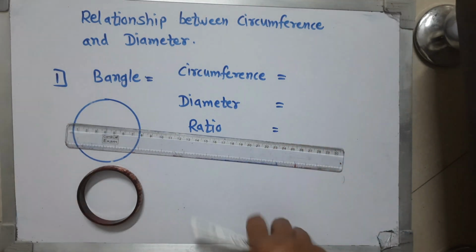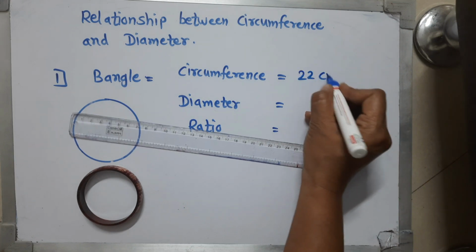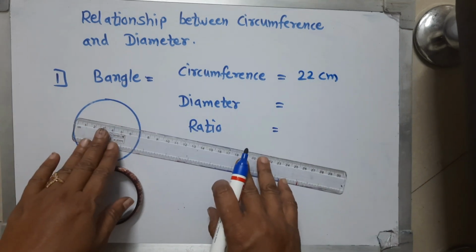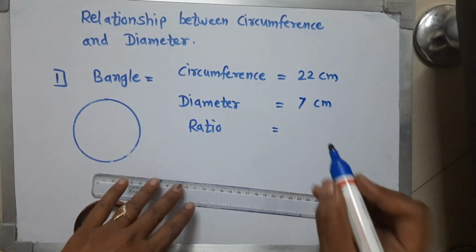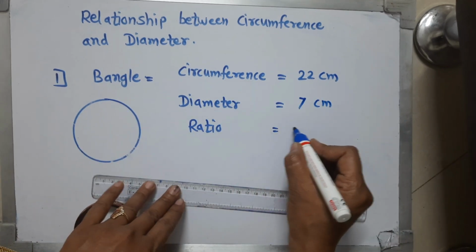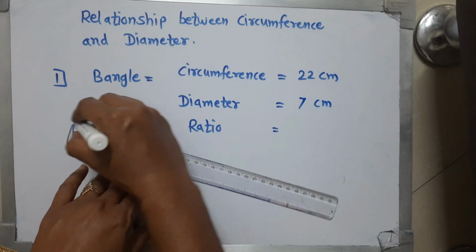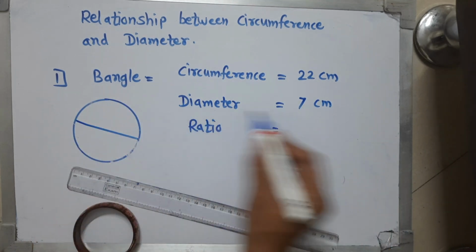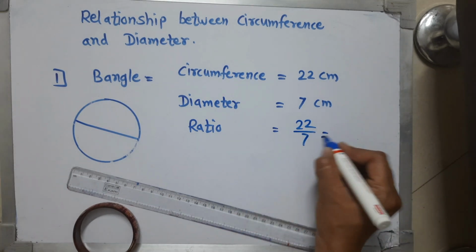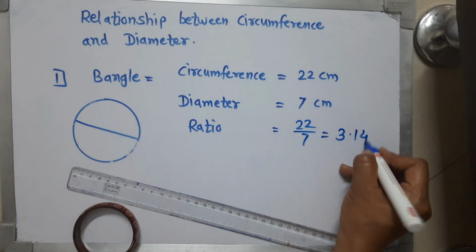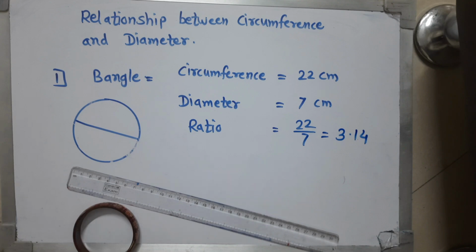I measured the thread: 22 cm is circumference and measured diameter is 7 cm. Ratio is 22/7. Bangle's ratio is 22/7, 3.14.